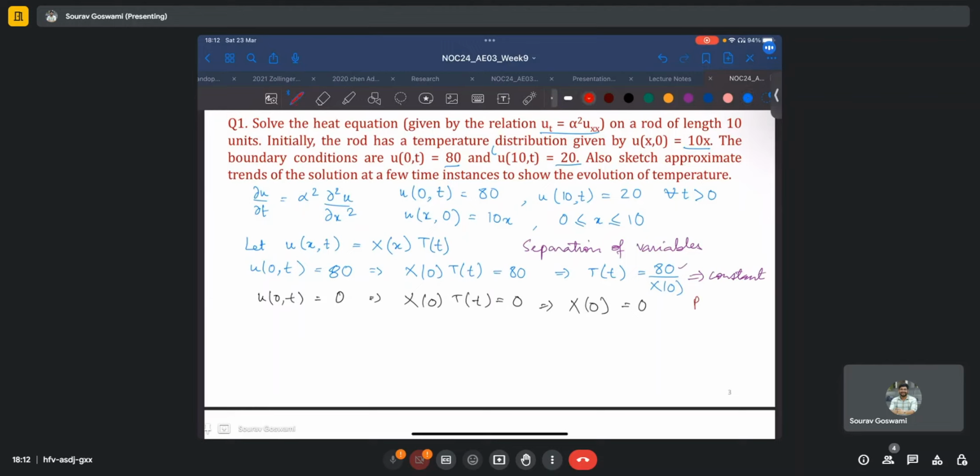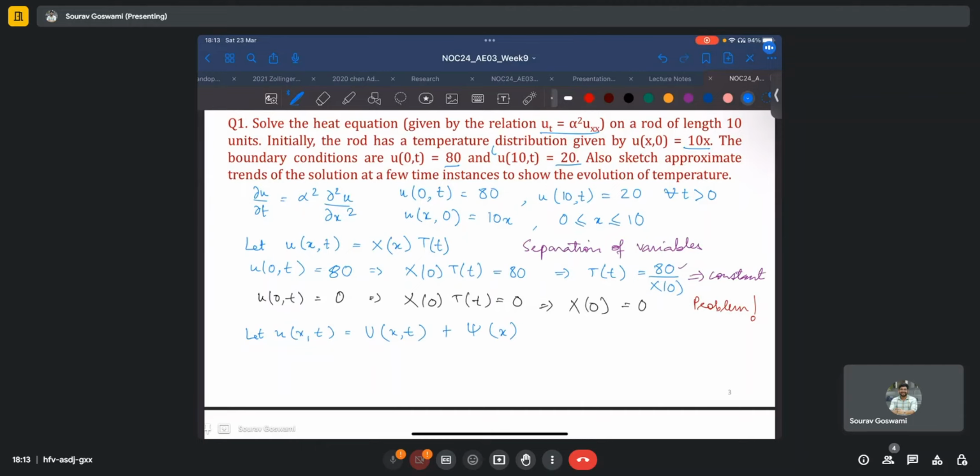So we run into a problem. Again, the way to solve it is to perturb the solution or to introduce an additional term just to accommodate these non-homogeneous boundary conditions. So we simply introduce one more term. So X and T remain as such, and we introduce another term, phi.